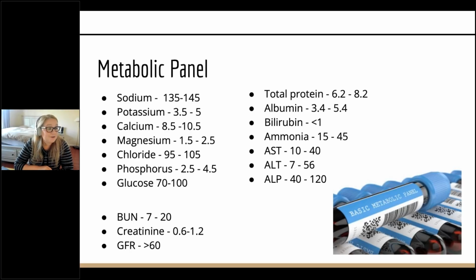Now, another thing that the liver is supposed to help us out with, ammonia. I said we were going to circle back to this, so here we are. Ammonia is something that gets released when protein gets broken down. So remember, we eat protein, it gets broken down into ammonia, and then the liver is supposed to metabolize that ammonia, convert it, change it over into that urea nitrogen.